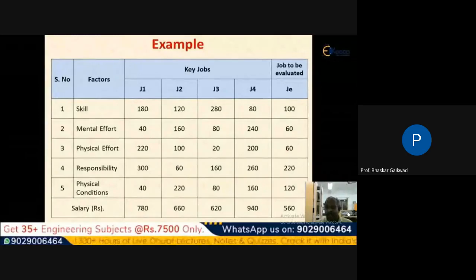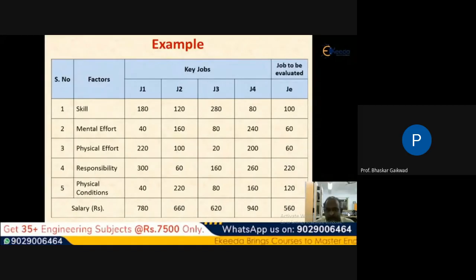If I compare with J4, J4 requires less skill than JE, so I have to pay extra than J4. So I can come to a conclusion. Based on the skills alone, I am going to compare these four jobs and fix a salary for the new job.